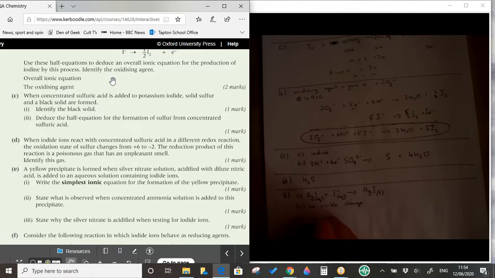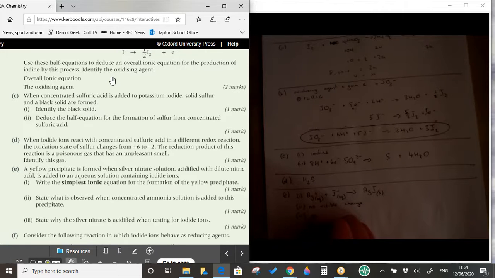Right, part 3. So why do we need to add acid when we are doing the test with silver nitrate? If we don't add acid, then we get false positives.